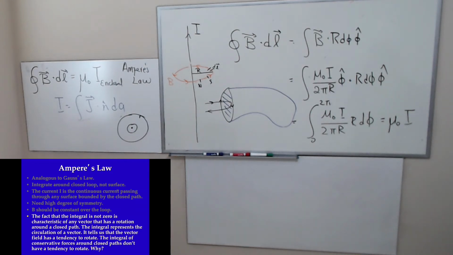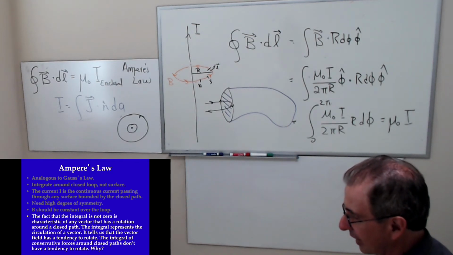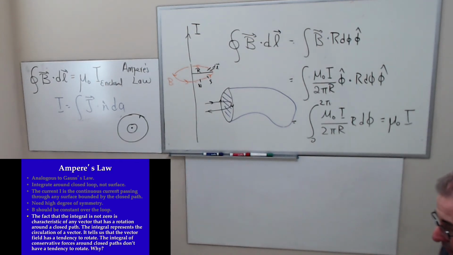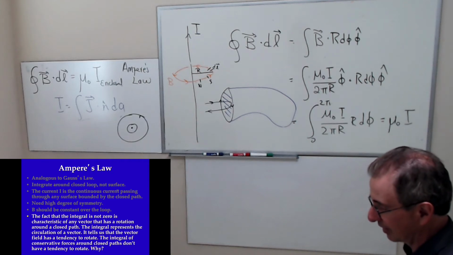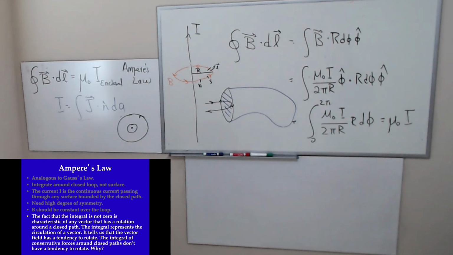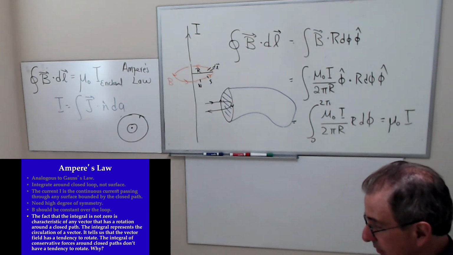So the fact that the integral is not zero, that's true for any vector that has a rotation around a closed path. Any vector that circulates, any vector that curls. Curl is the operative term for you guys who are in Calc 3. It really tells us that the vector can rotate.